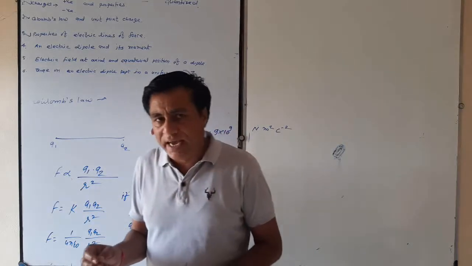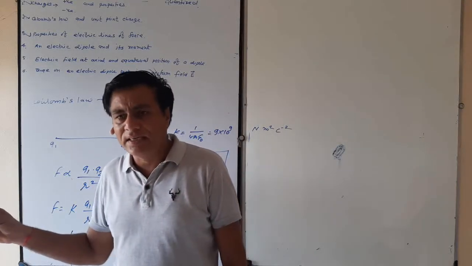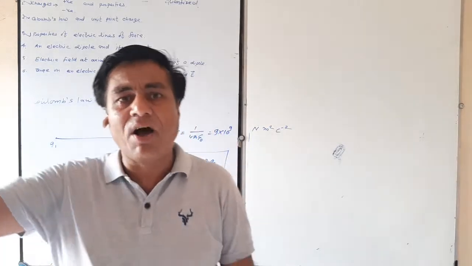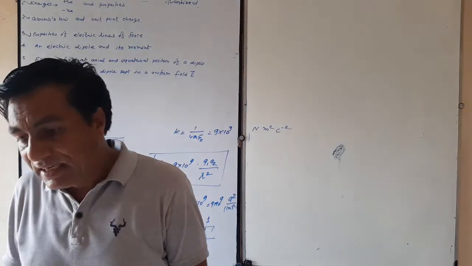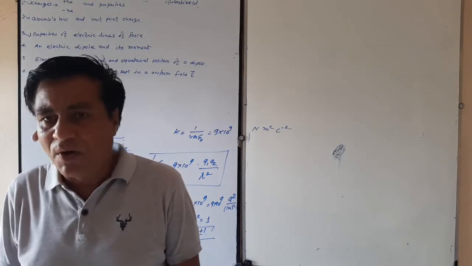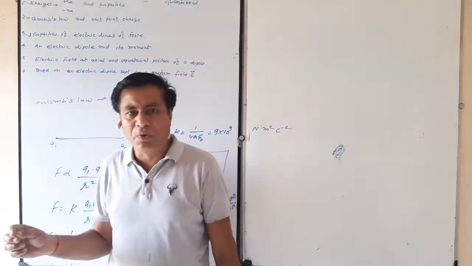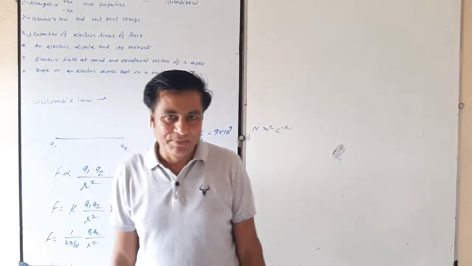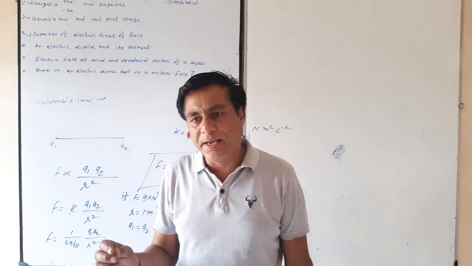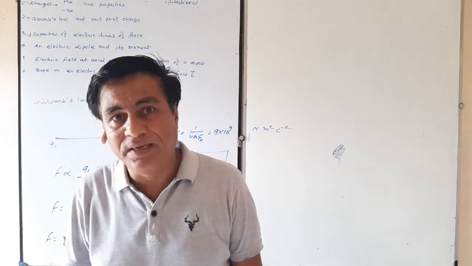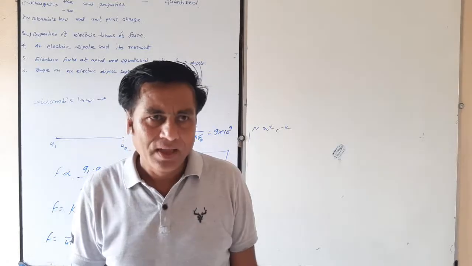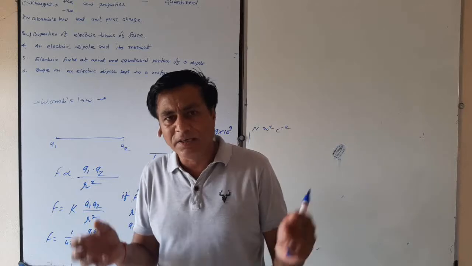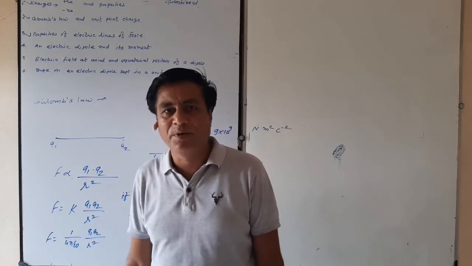To check, if any other point charge is brought into that electric field, as it enters the boundary of that field, it starts to experience an electric force. Means in the electric field, if any point charge is kept, it experiences an electric force. The electric field contains lines of electric force, and due to those lines, point charges experience such forces.